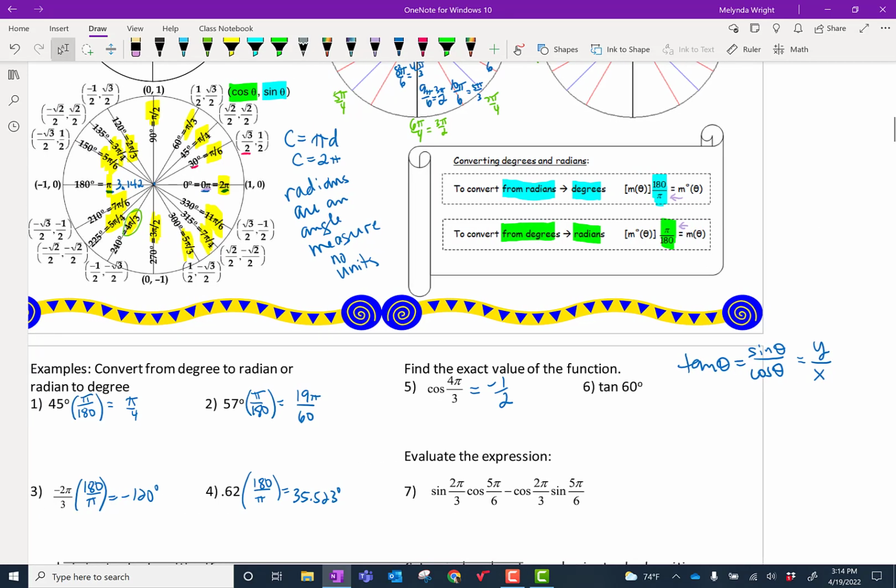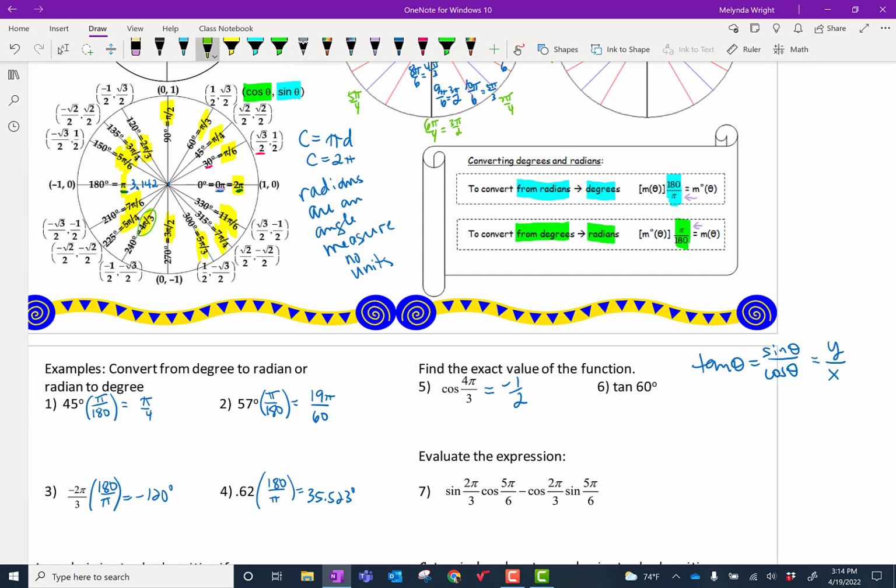All right, so let's find 60 degrees. It's right here. So it is the y value, which would be the sine value, which would be √3/2, over the x value, which is the cosine value, which is 1/2.